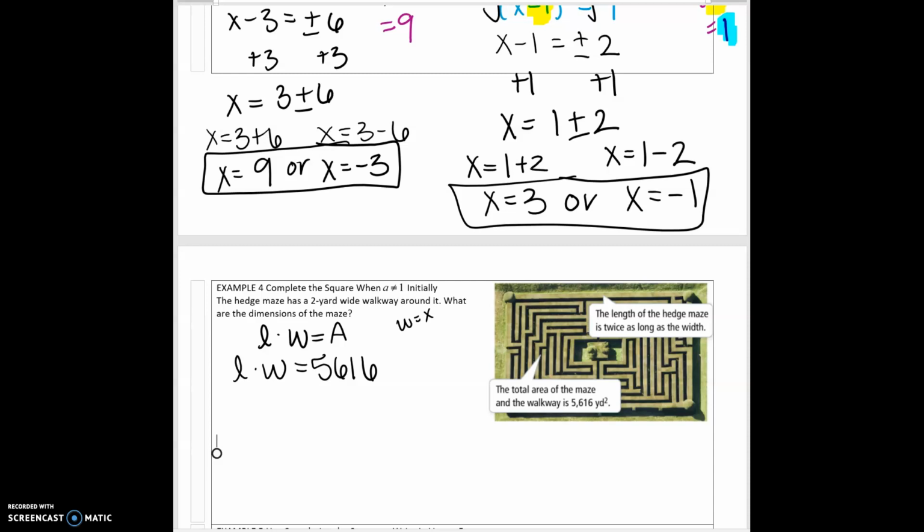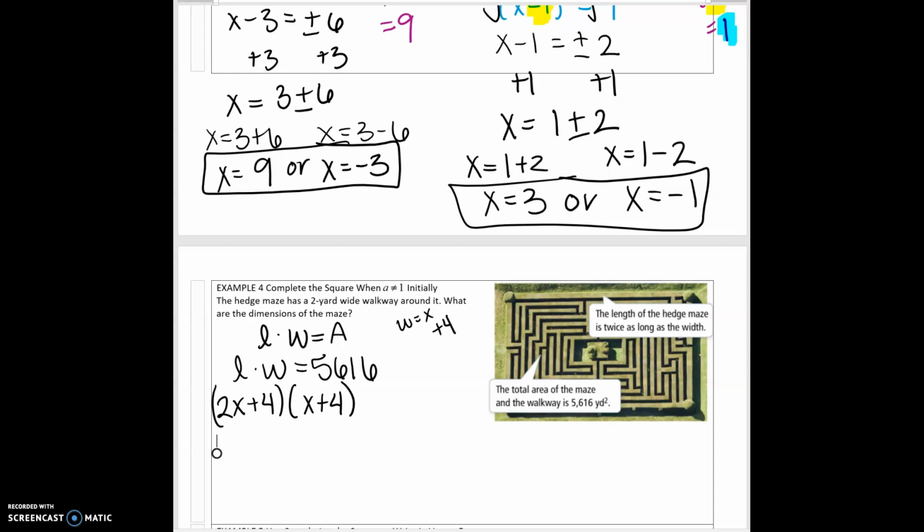Well, the maze also has a 2-yard walkway on either side of it, so the width is also going to have that plus 4. The length is 2 times that width, so 2 times our x, and then it still has that 4 on each side.